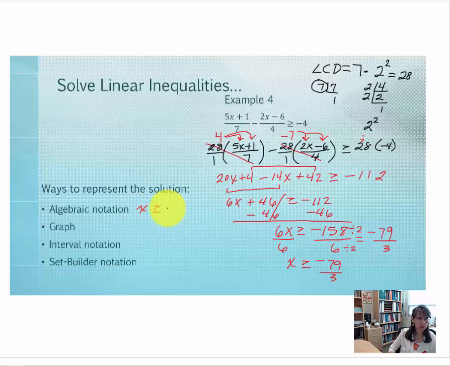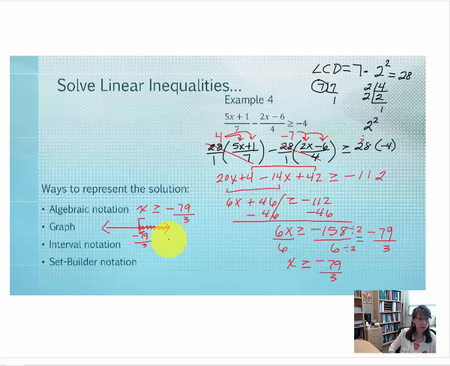X has to be greater or equal to negative 79 thirds. On the number line, simply pick a spot, call it negative 79 thirds, and we need shading greater than, so shading to the right. Equal to means we're using a bracket.